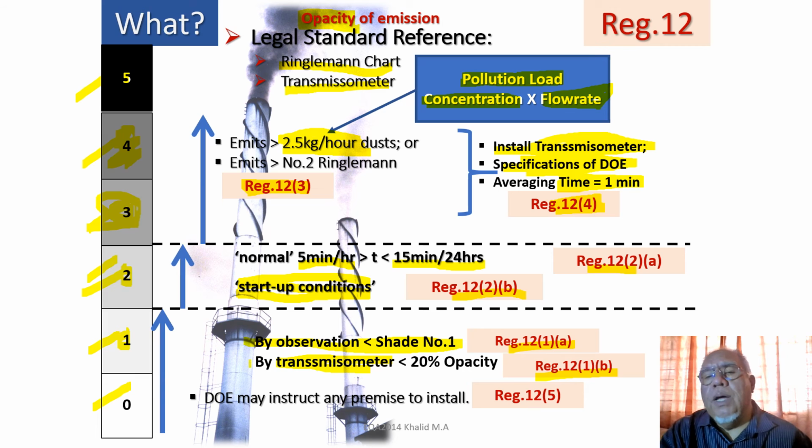That's the averaging time of 1 minute. So you can set that for your record, for your monitoring data. So this is what the law wants us to install, a transmissometer.